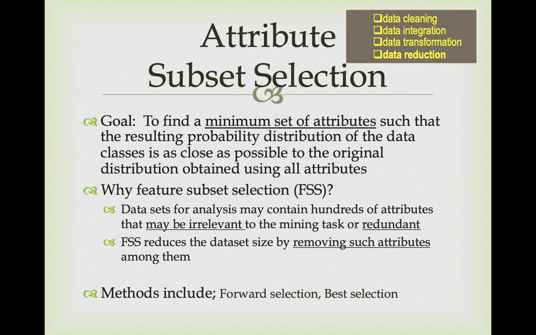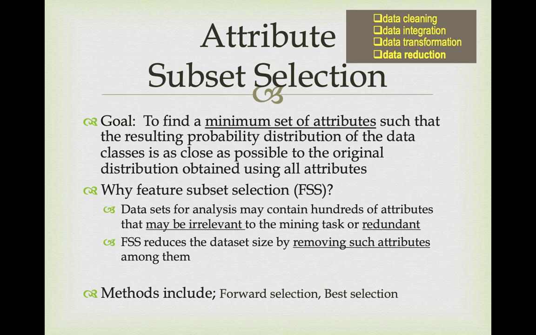Okay, so we move to the next, attribute subset selection. To find a minimum set of attributes such that the resulting probability distribution of the data classes is as close as possible to the original distribution obtained using all attributes. Why do we use FSS, feature subset selection?